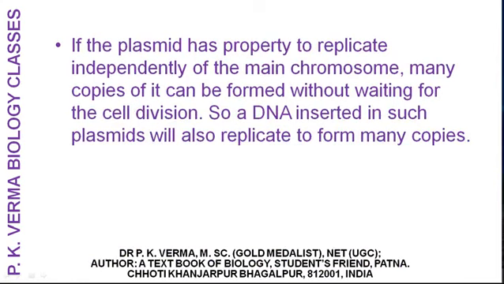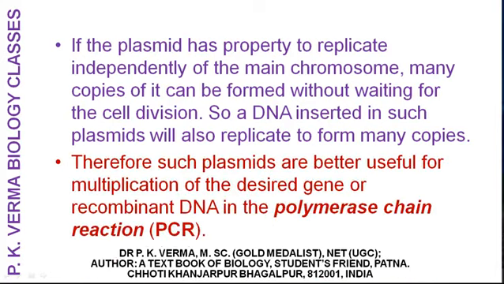If the plasmid has the property to replicate independently of the main chromosome, many copies of it can be formed without waiting for cell division. So a DNA inserted in such a plasmid will also replicate to form many copies.